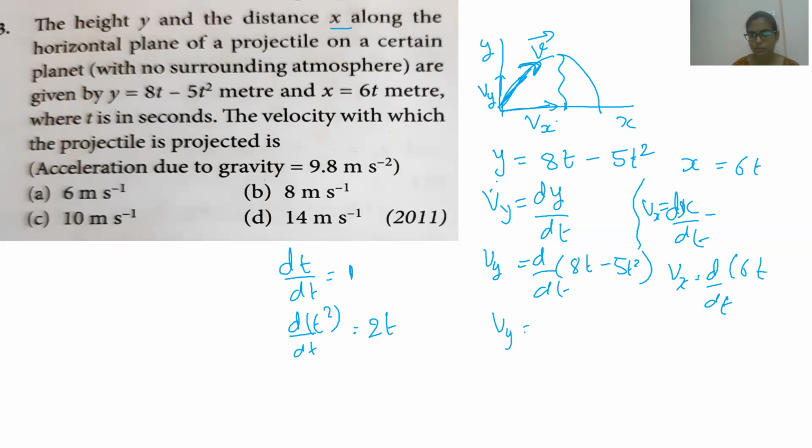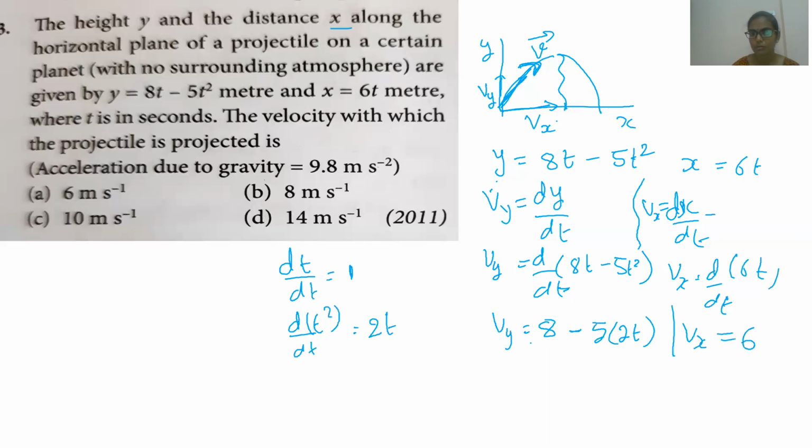So Vy is equal to the differentiation of 8t. Because 8 is a constant, it will come out, and the differentiation of t with respect to t gives 1, so you get 8, minus 5 will come out, and the differentiation of t square is 2 into t. Alright children. And similarly here also, Vx is equal to the differentiation of 6t, which gives only 6.